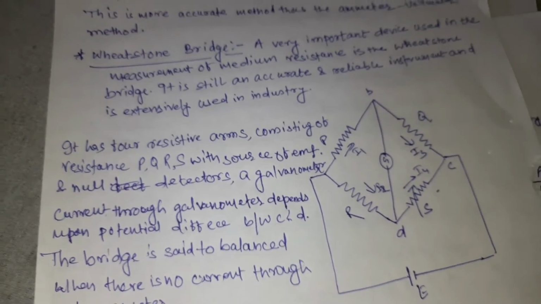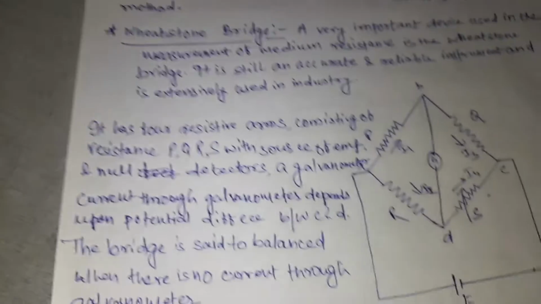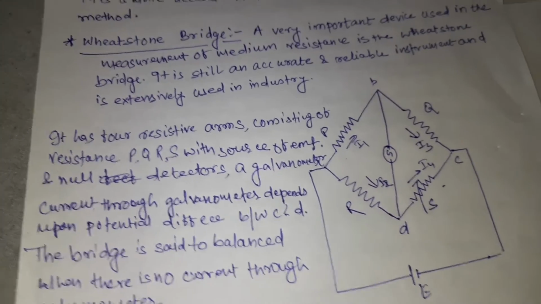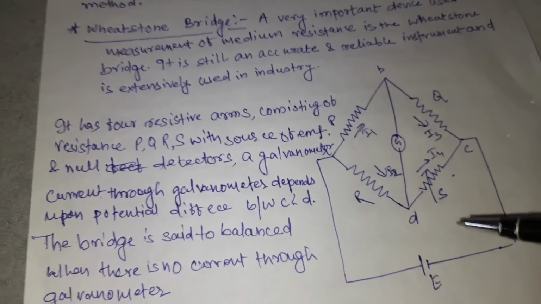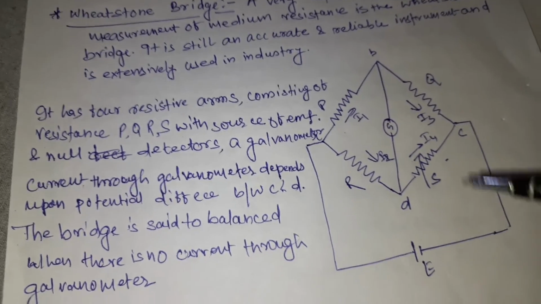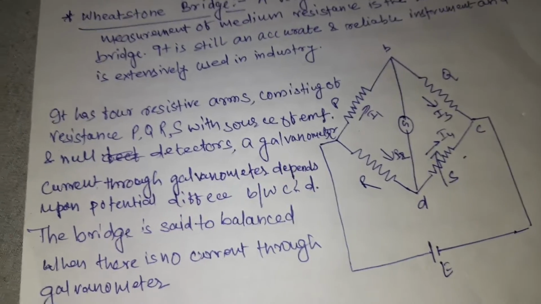In the Wheatstone bridge we connect 4 resistances, namely P, Q, R, S, where S is the variable resistance, R is the unknown resistance that you have to measure, and P and Q are called the ratio arms.